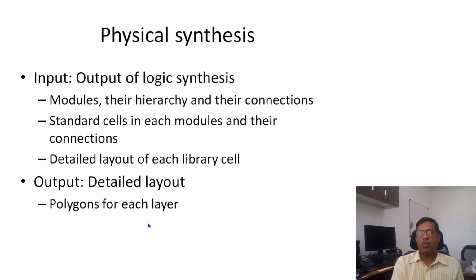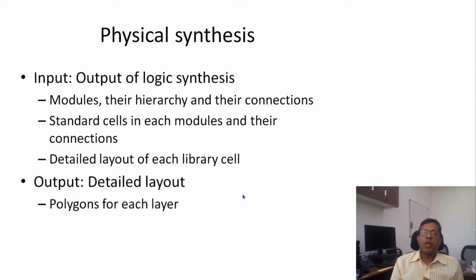Okay, so once this logic synthesis is done, the output of logic synthesis would be modules, their hierarchy, connections, standard cells of each module and their connections, and the detailed layout of each cell is also there. So overall, the output of logic synthesis is that I know the layout of each library cell, I also know how many of them are there, which of them are there, and how they are connected.